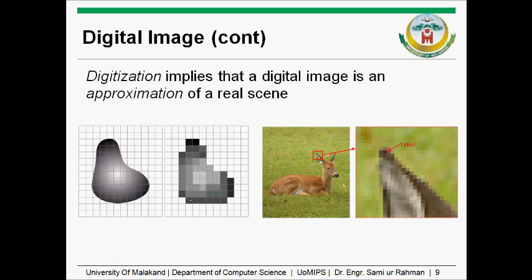You can also have continuous images. Let's say I have this tree and I draw the tree on my paper in a continuous form, so that can also be a continuous representation. But usually in image processing we have discrete representation. And when we talk about digitization, you have to approximate the real environment.